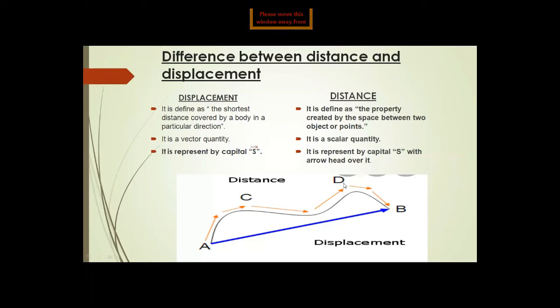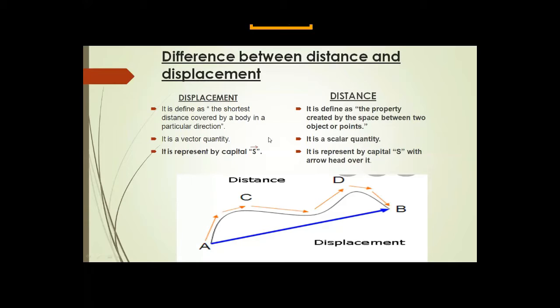And another we are covering a distance from point D to B, so it is also a space between D and B, so that is showing the distance because here there is no particular direction.